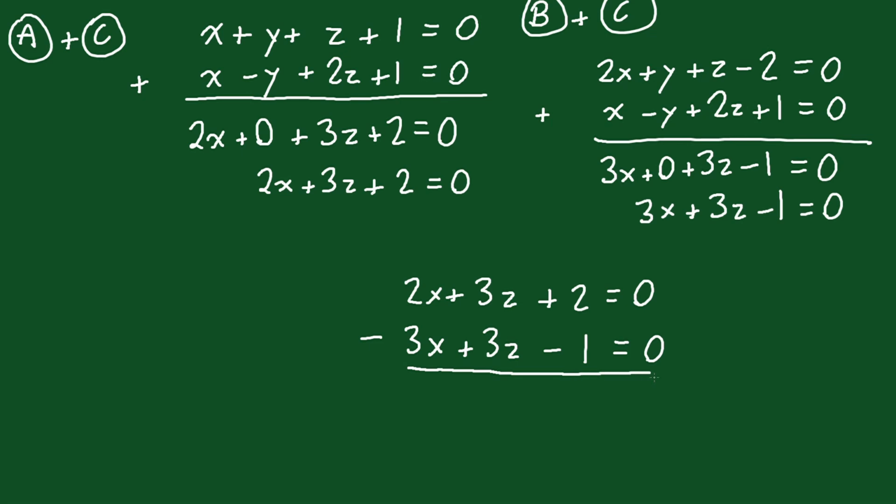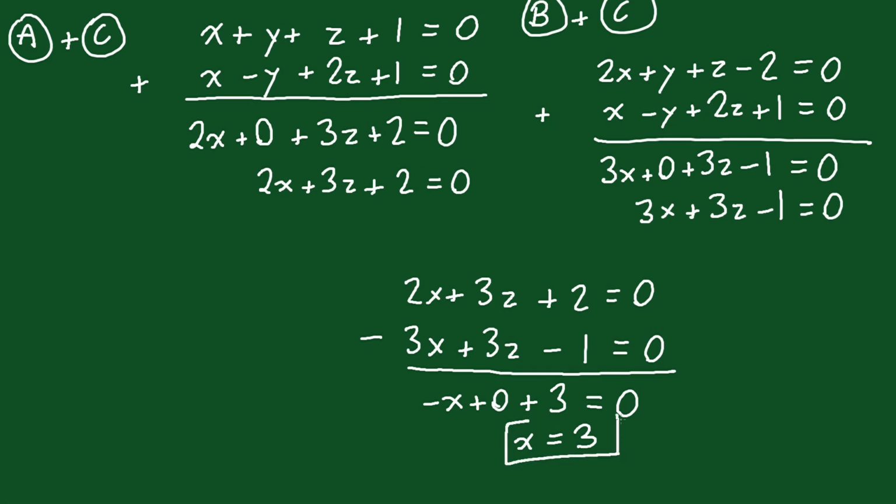And the reason I'm subtracting these is so I can eliminate these z terms. 3z minus 3z will give me 0. That's what I'm trying to do. So 2x minus 3x is negative x. 3z minus 3z is 0. 2 minus negative 1, that's the same as 2 plus 1, or 3. That equals 0. Solve for x. You'll get x is equal to positive 3.